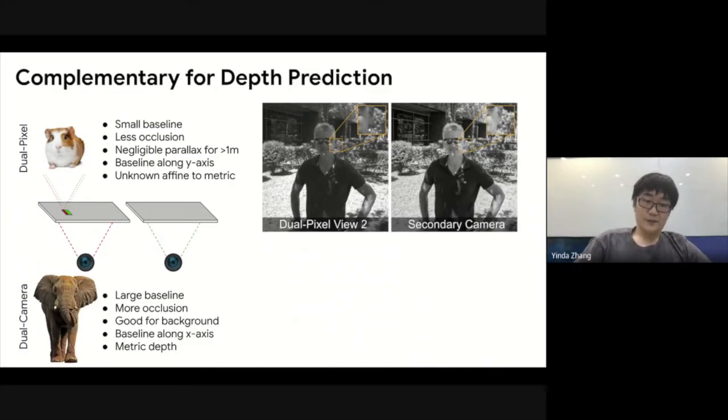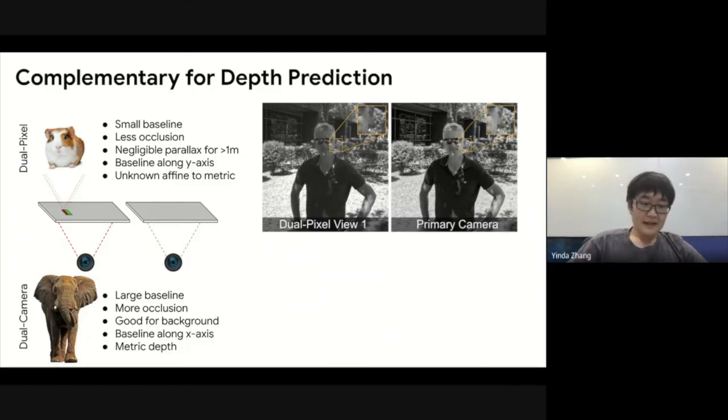On one hand, the dual pixel image has a very small baseline, so it has less occlusion issue, but it also has the problem of detecting depth for distant areas, because for any pixel which is more than 1 meter away from the camera, there will be almost no parallax between the dual pixel images. Another issue about the dual pixel image is that there's an unknown affine transformation between the parallax and the metric depth. And this affine transformation is related to the focus distance, which is unknown in the image.